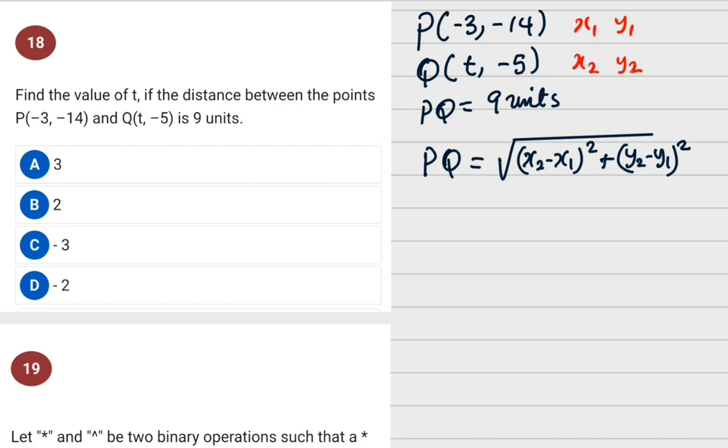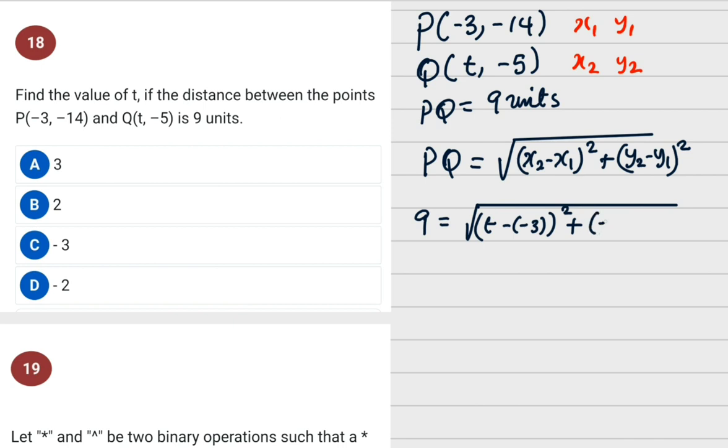So what we have here is that 9 is equal to the root of, then I will have my x2. My x2 is t. So I have t minus x1, which is going to be minus 3. Okay, then I have it all squared. Then plus y2.